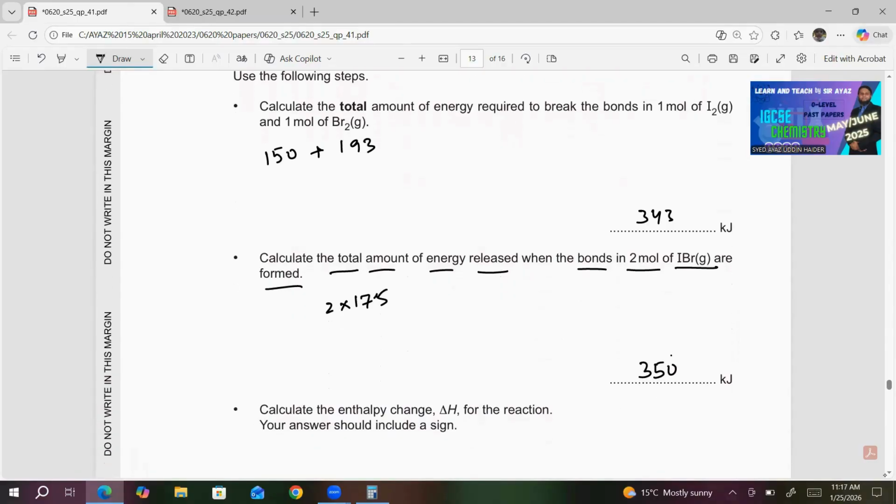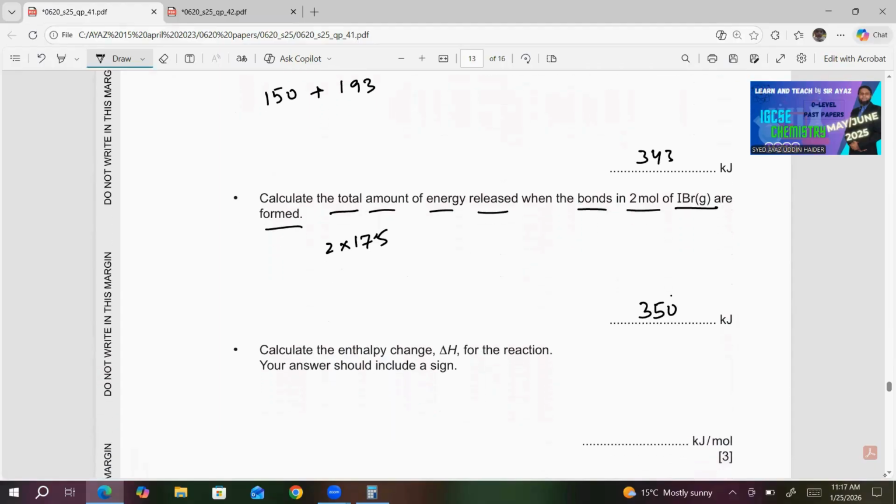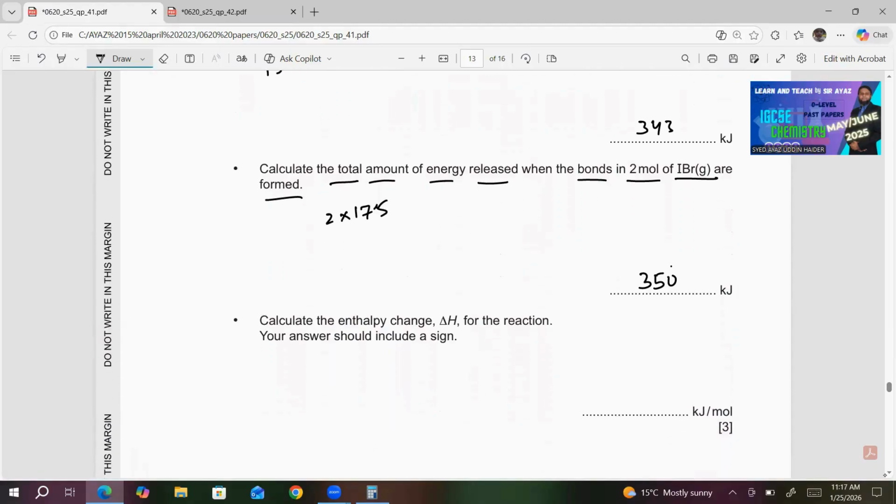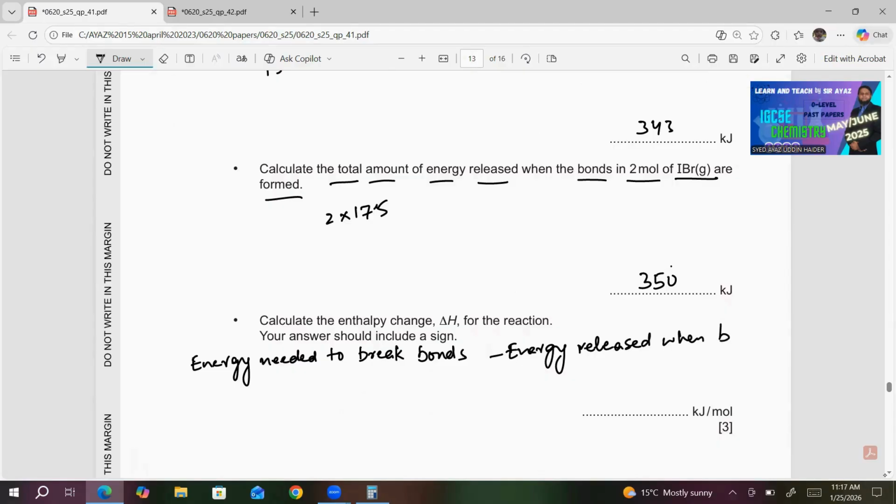Calculate the enthalpy change delta H for the reaction. Your answer should include a sign. Now, what will be the formula? Energy needed to break bonds minus energy released when bonds are made.